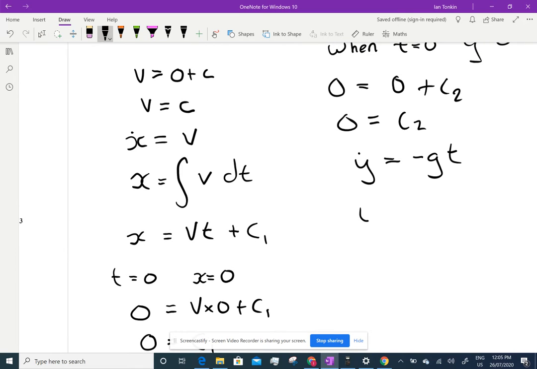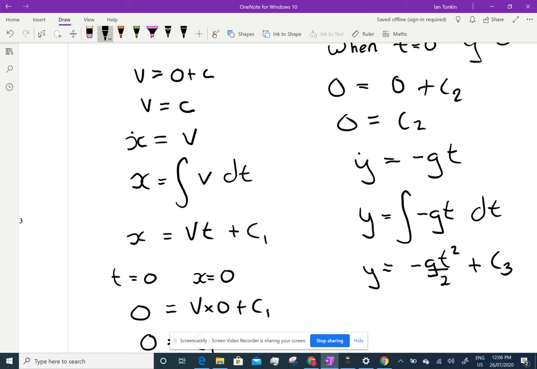Okay, what about displacement? Well, displacement equals the integral of velocity with respect to time. And that'll give us minus gt squared on 2 plus another constant, so we'll call that C3.